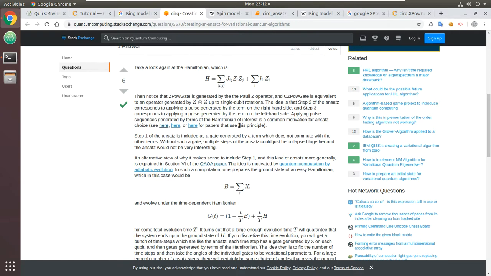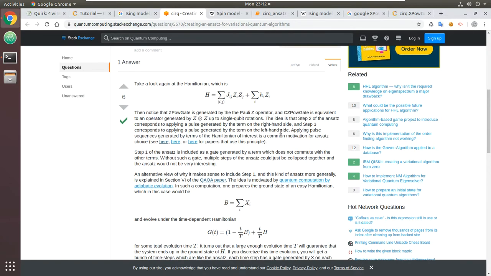Maybe I'll just ask here as well. Then notice that it's generated by the Pauli-Z operator. It's equivalent to an operator generated by single rotations. The idea is that the answer corresponds to applying the pulse generated by the term on the right hand side.